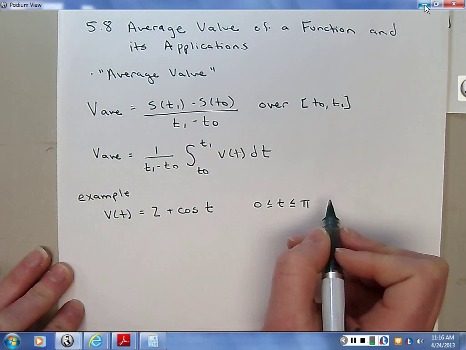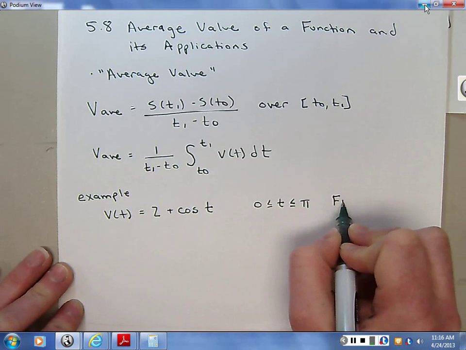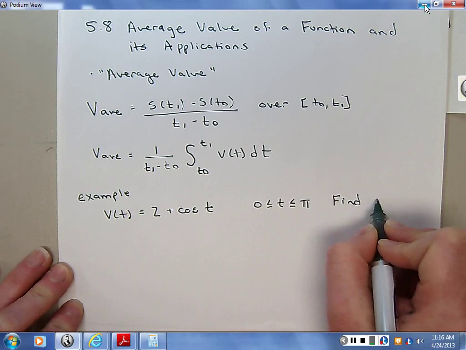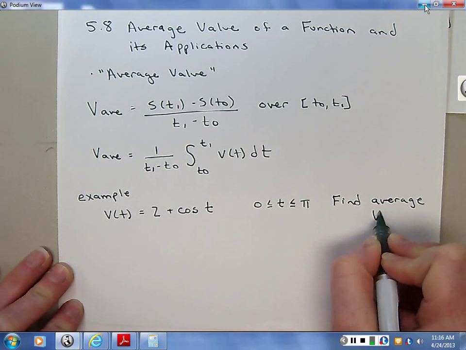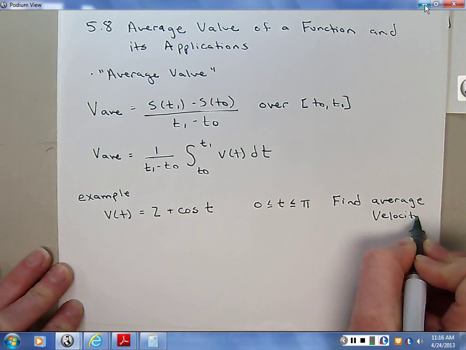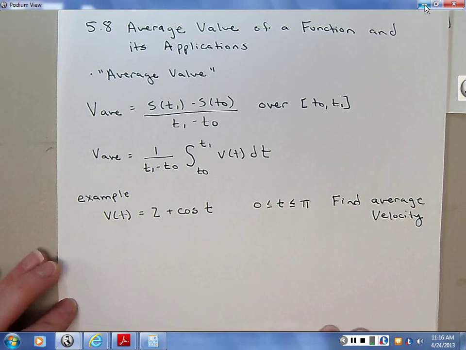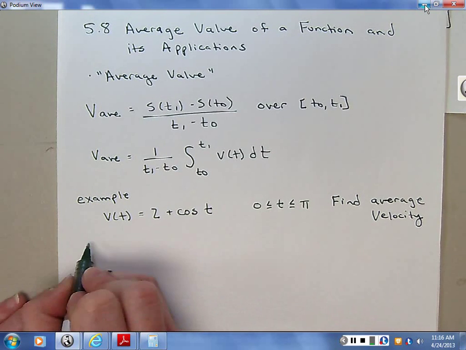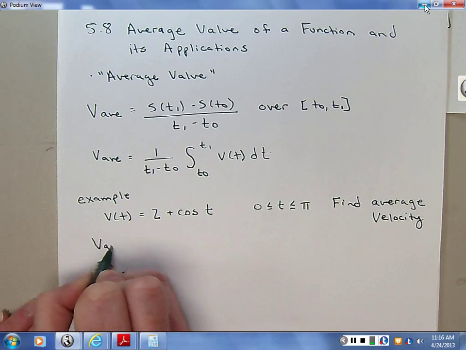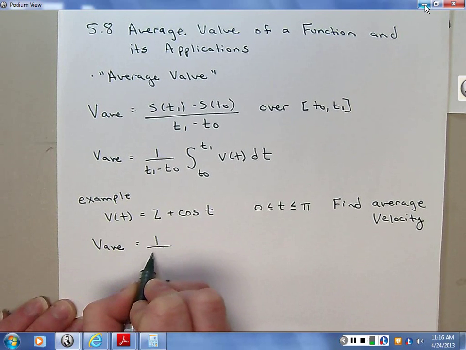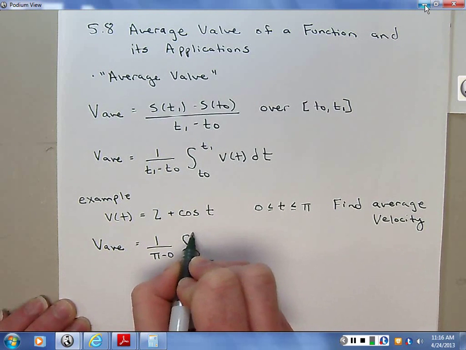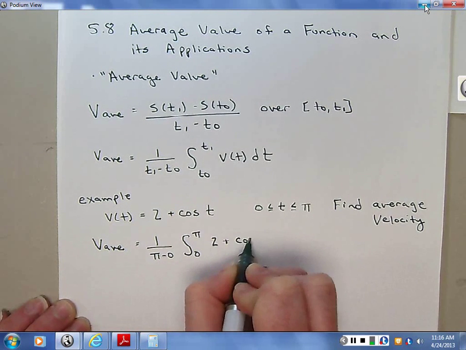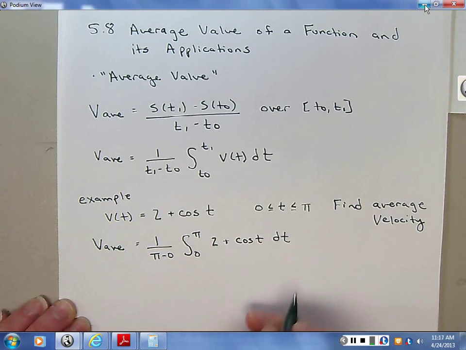And I want to find the average velocity. So the V average is going to be 1 over pi minus 0, the integral from 0 to pi of 2 plus cosine of t dt.